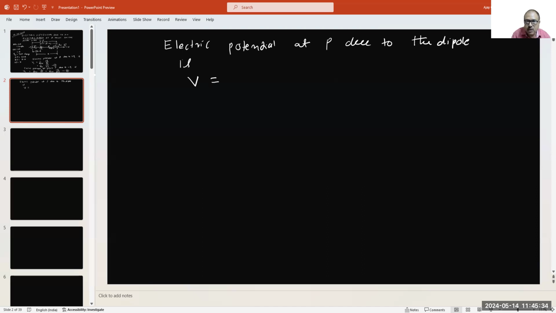It is the sum of all the potentials. A dipole has two kinds of charges, so there should be two potentials, and both are added together.